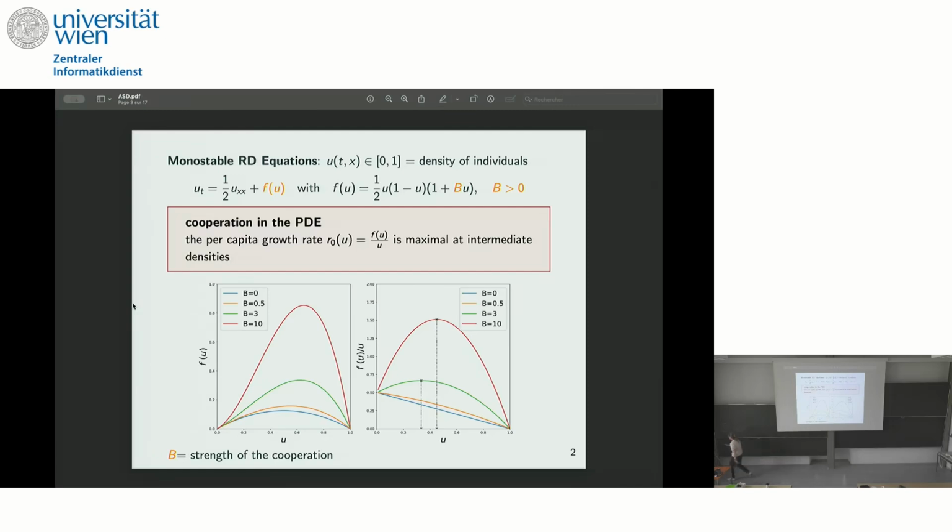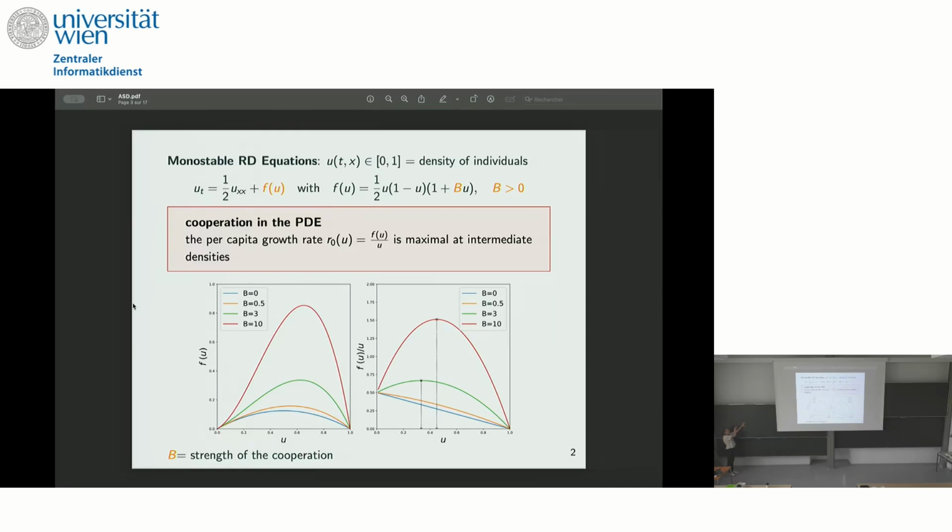This reaction term will be f(u) = r u (1 - u)(1 + v u). So if you only look at this part, you might recognize the classical FKPP nonlinearity that tells you that on each side you have logistic growth. So the growth is exponential until you reach 1.